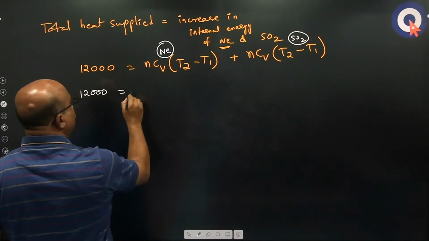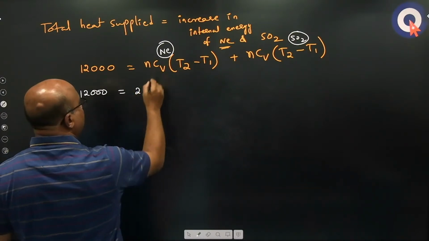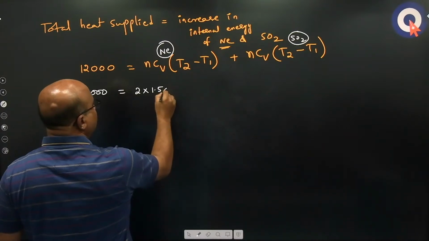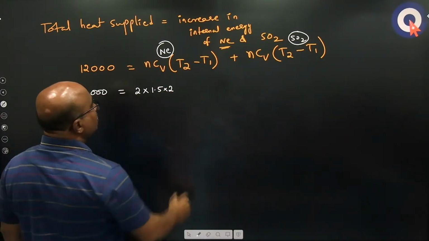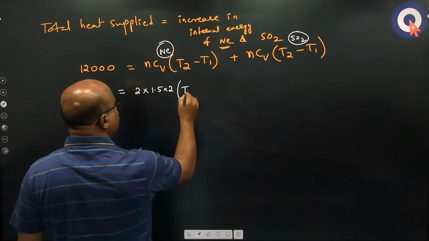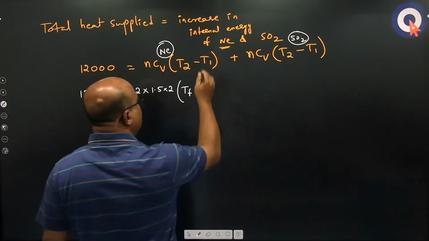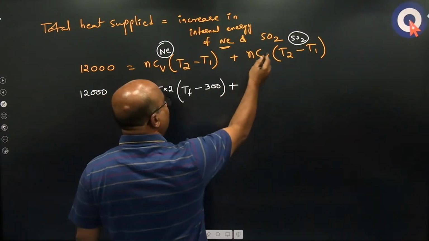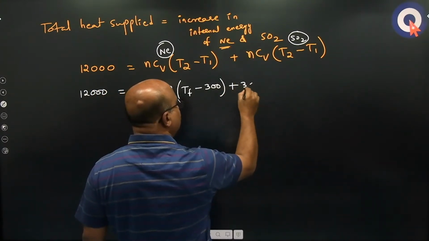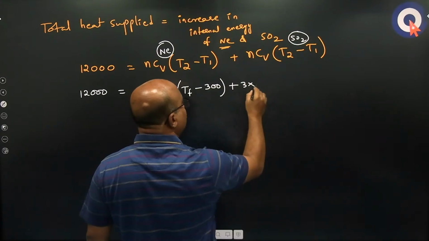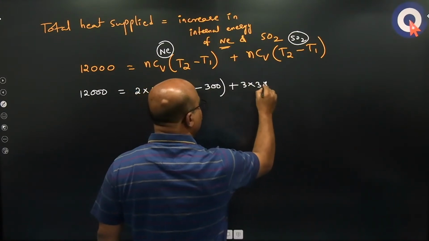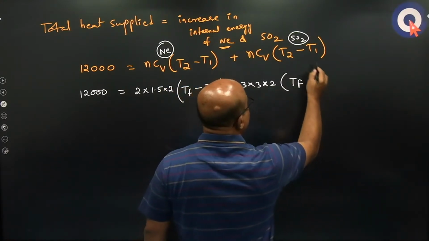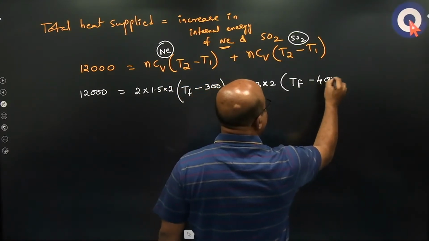For neon, the number of moles is 2, CV is 1.5R, otherwise you can write 3/2, and R is taken as 2, times final temperature TF minus initial temperature 300, plus the moles of SO2, 3, CV is 3R, so 3 into 2 into TF minus 400.